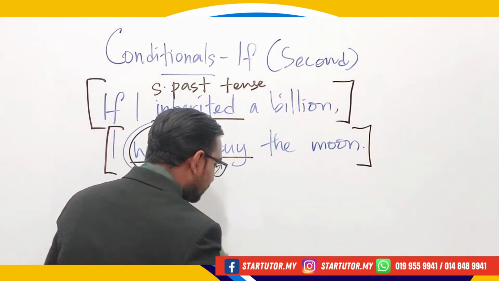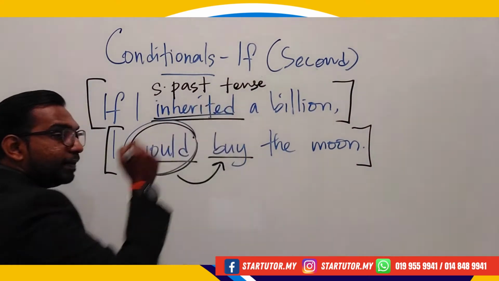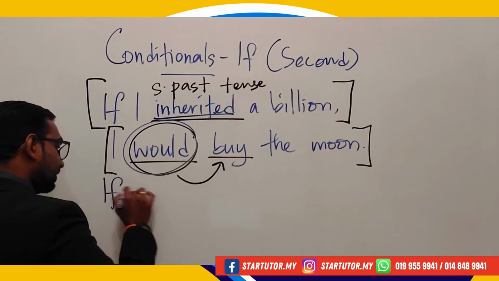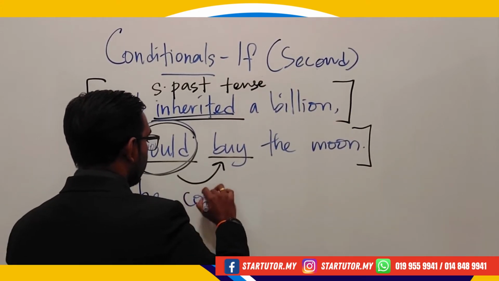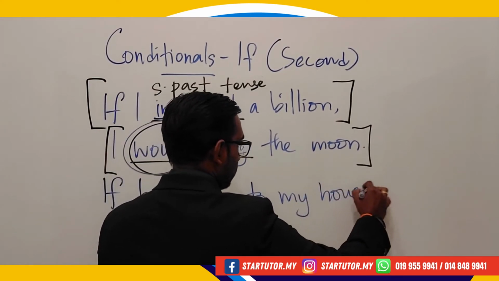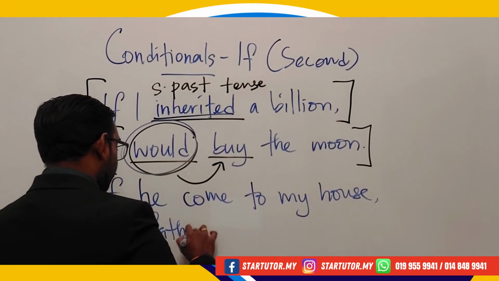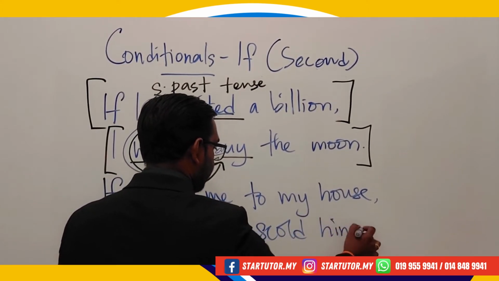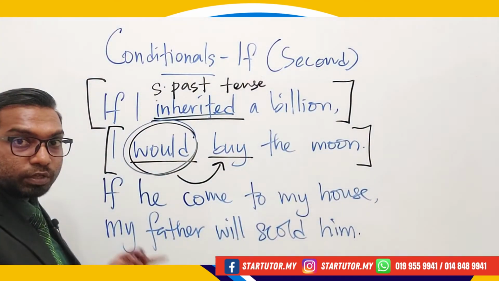A very common mistake among students is the usage of simple present tense here. For example, they might come up with a sentence like this: if he come to my house, my father will scold him.